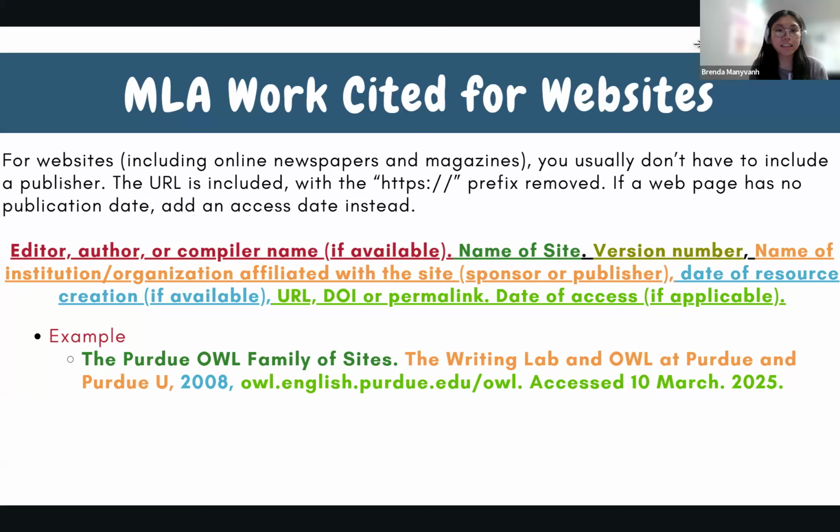So underneath, an example I have is using Purdue OWL, which I used a lot to make this presentation. So I have the organization name because there's really no one author or editor. It's just a compilation of people working on it. So name of site, and then I have the name of the organization that I specifically addressed, which is the Writing Lab in OWL at Purdue and Purdue U.